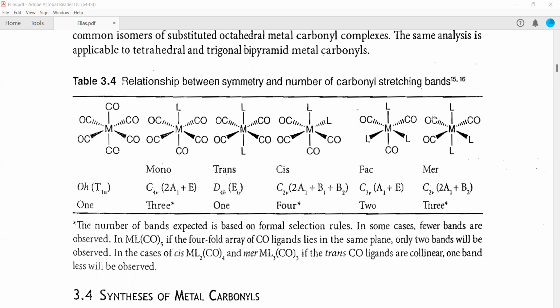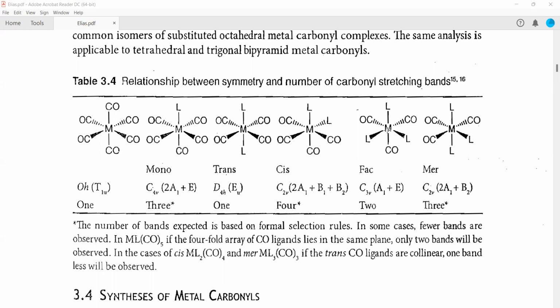For example, if you have 3 carbonyls arranged in the fac isomer, you have 2 same ligands in the plane and 1 in the axial position. That makes a triangle, which you can easily see. If you have these two and these two the same, then you can easily have C3v, right?